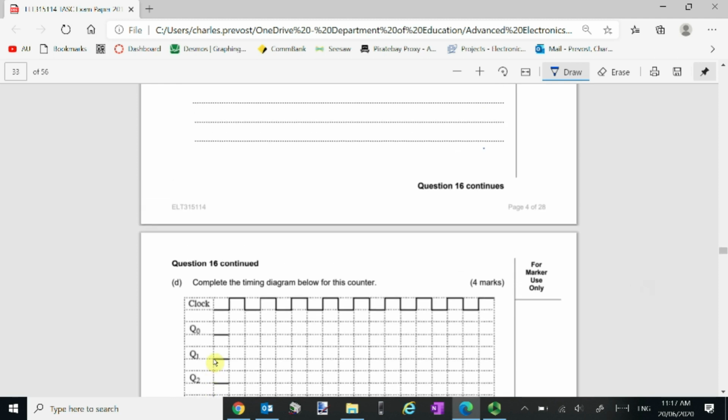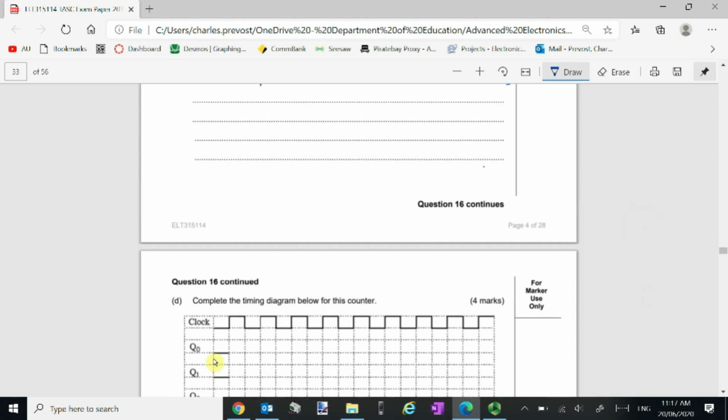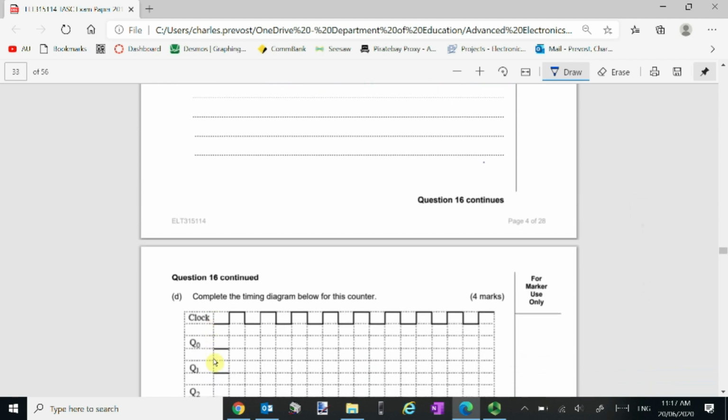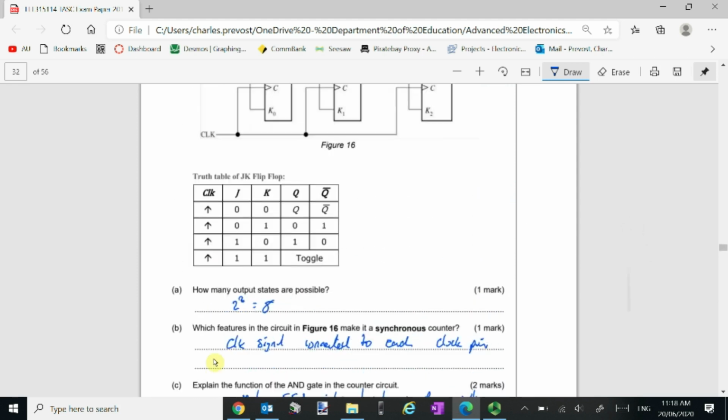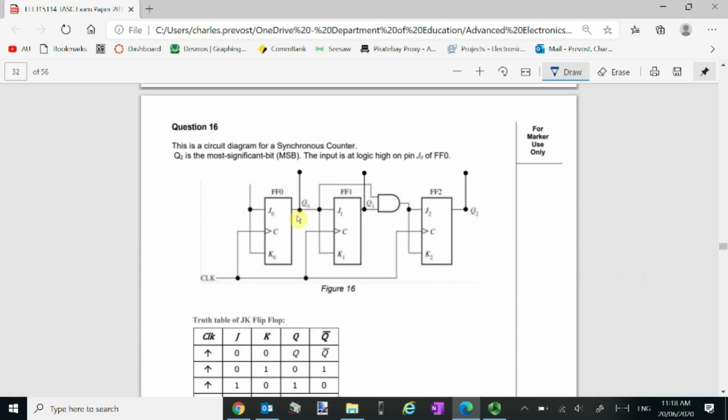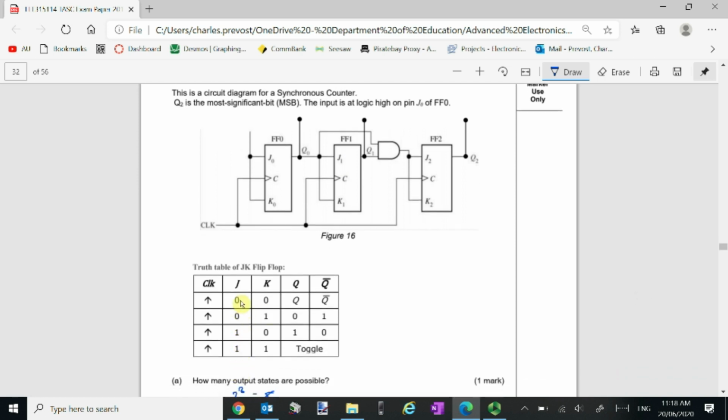When Q0 is 0, that's connected to the J of Q1, so that's 0, and K is also connected to Q0, so both of those are 0. So flip-flop 1 is not going to change.